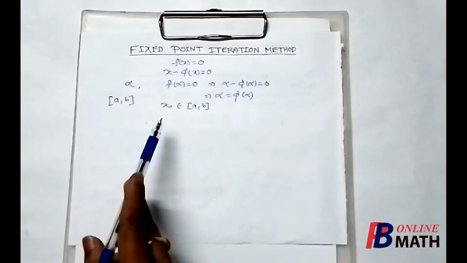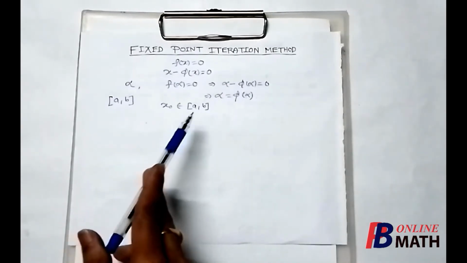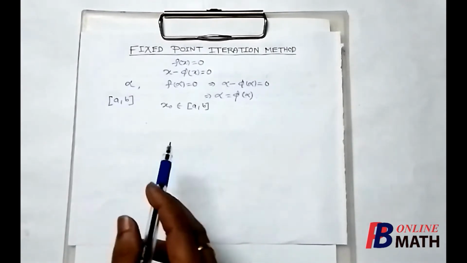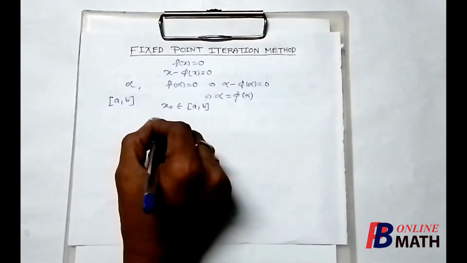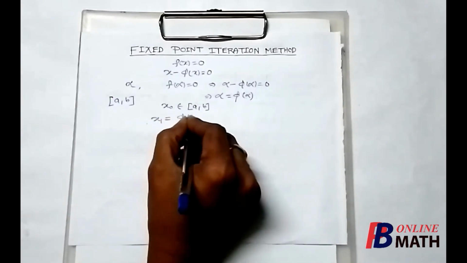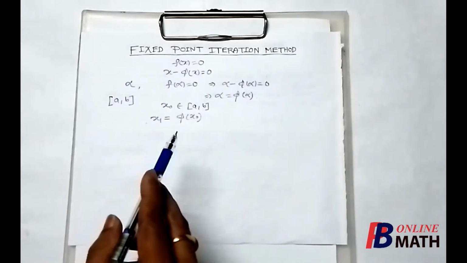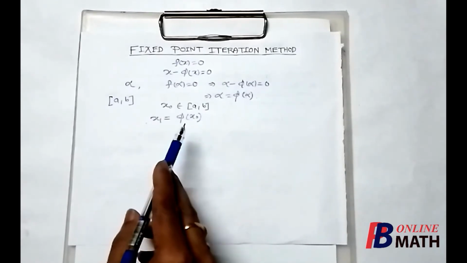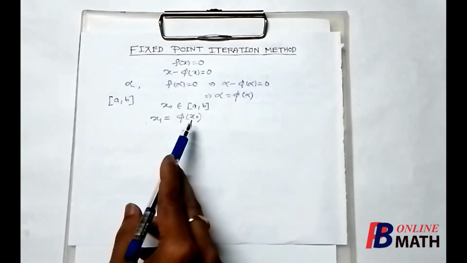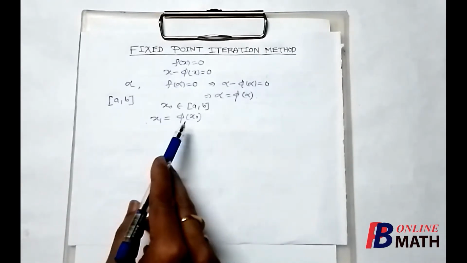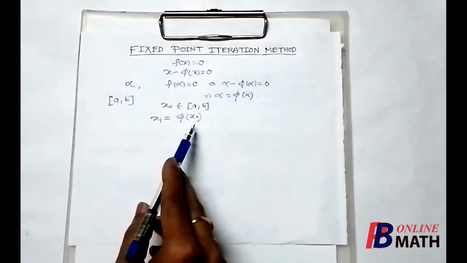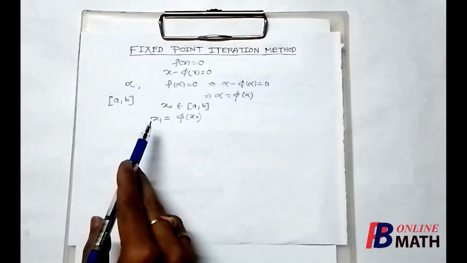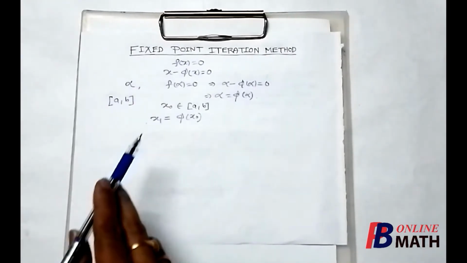So if x0 is the initial approximation of the exact root alpha, then by this fixed point iteration method the next approximation will be denoted by x1 and this will be phi(x0), that means the functional value of the function phi at the point x0. Using this initial approximation x0 we get the next approximation x1, which must be a better approximation than x0.